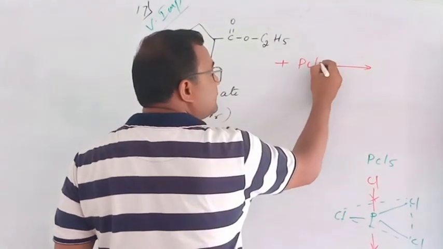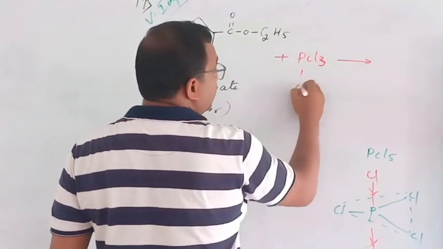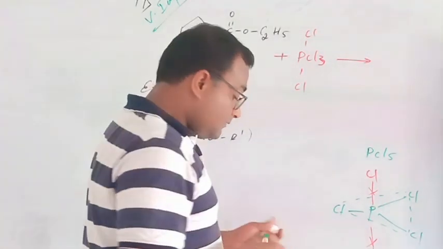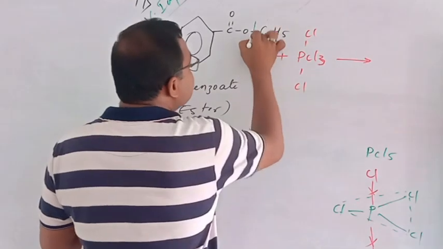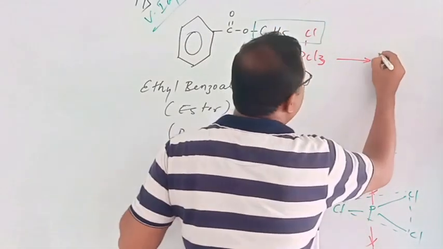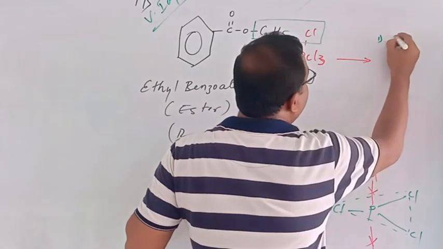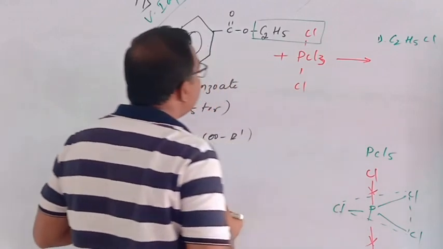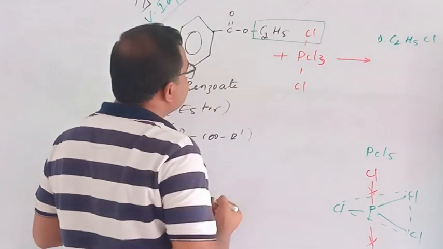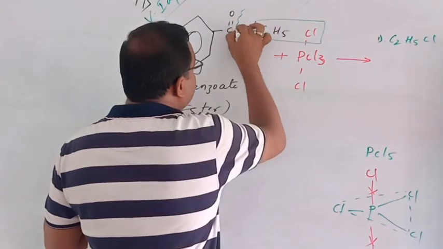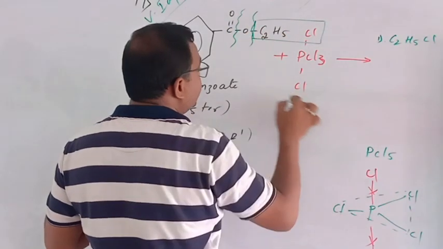Shall I write like this? Chloride and chloride. Here the first part gets separated out to form the first compound, C2H5Cl, and the second one gets separated out too. The oxygen here breaks, and here also it breaks.